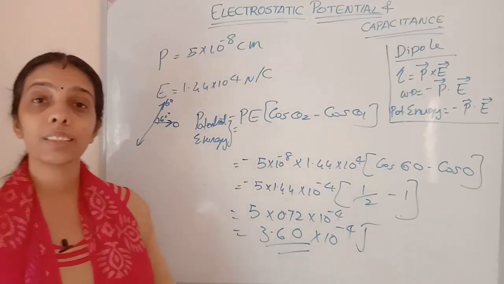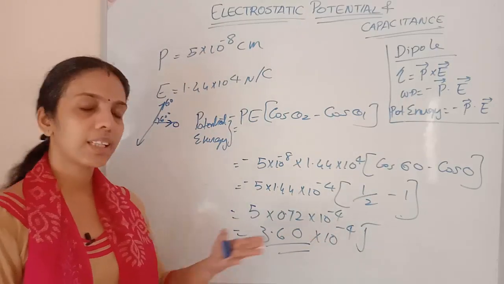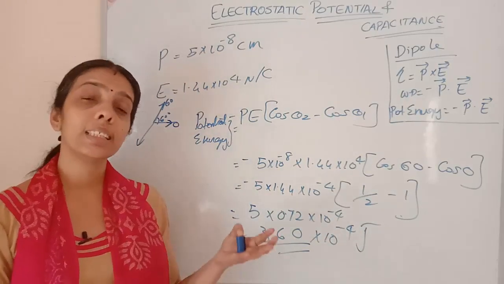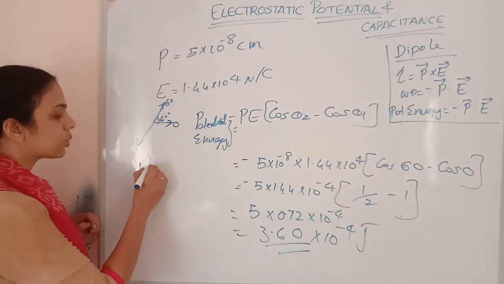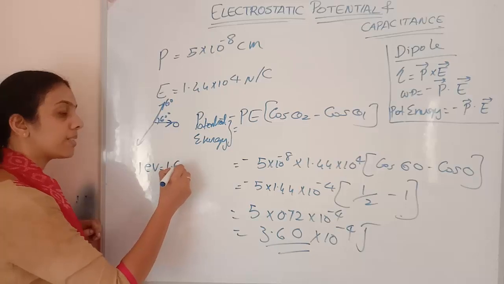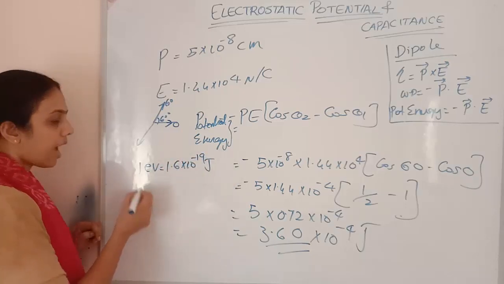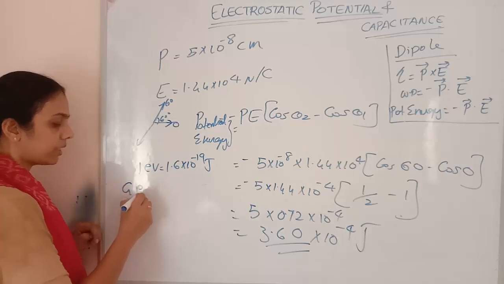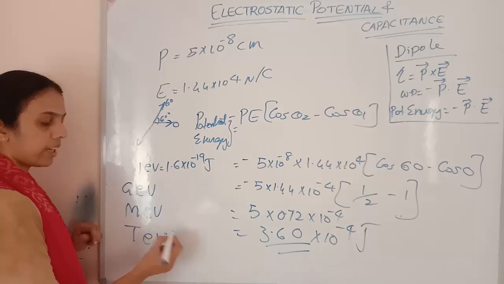Potential energy, what is the unit? How can we represent the potential energy? We can represent it in joule, and electron volt also. 1 electron volt equals 1.6 into 10 to the power minus 19 joule. And giga electron volt, mega electron volt, tera electron volt, everything is there.